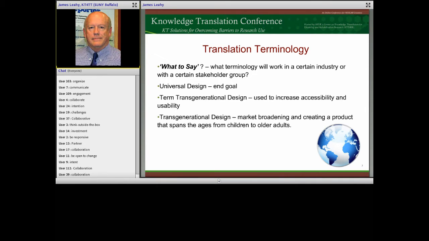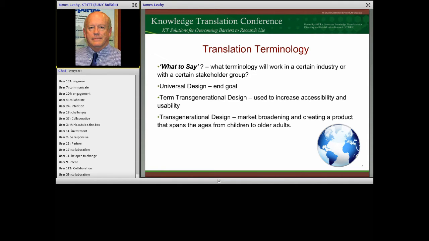While from an ethical standpoint we would all like to create products that are universally designed, knowing that our target companies are in a very price-competitive market may force us to tailor our expectations. While universal design may be our end goal to make usability and accessibility inroads, we may have to scale back our initial goals.